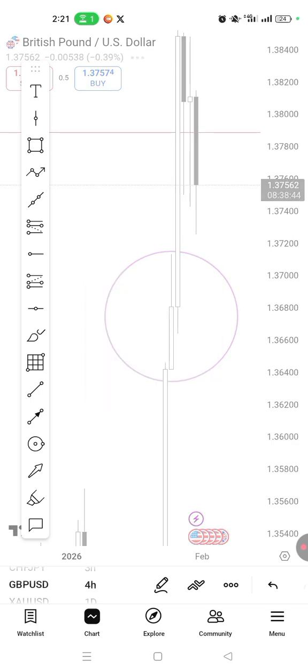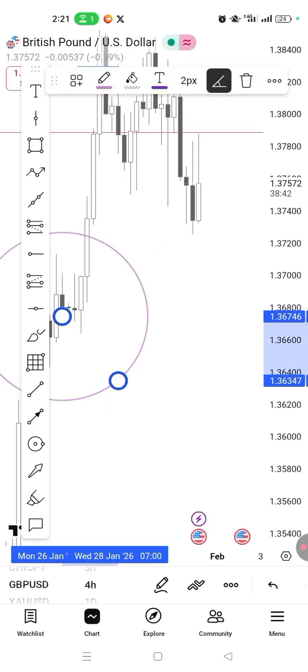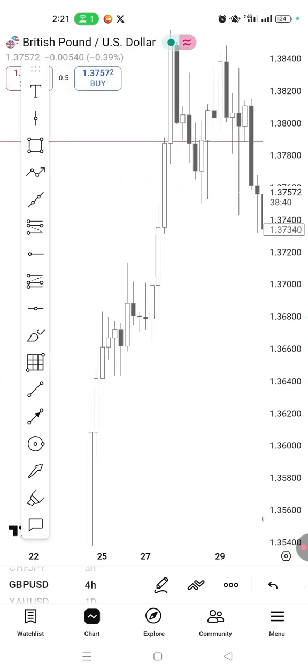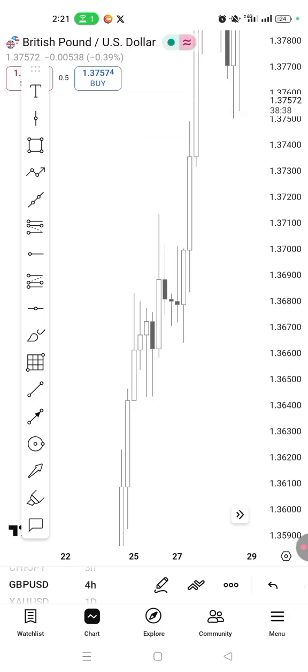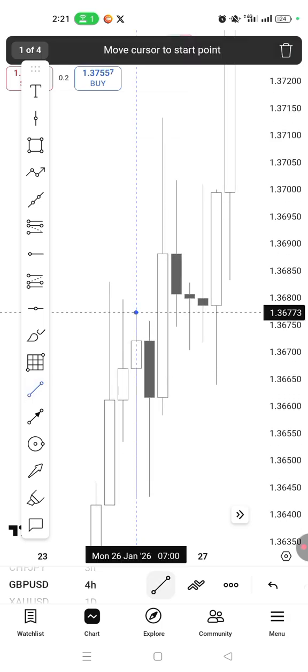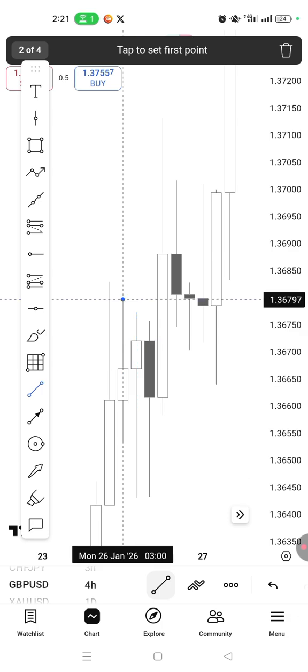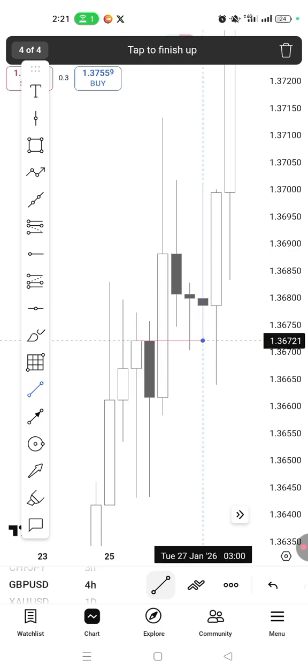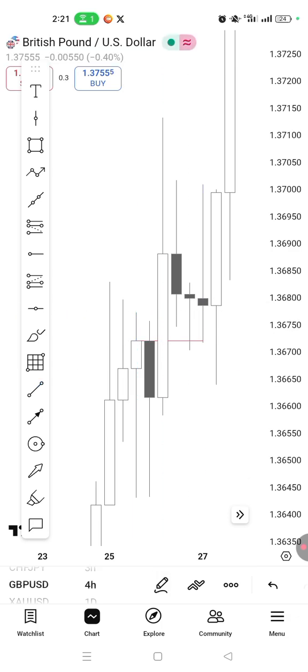Now on H4, what do we have? On H4, we have a recent breakout to the upside. Now this recent breakout is as a result of what? It's as a result of a bullish momentum, right? This is not as a result of a sweep of the previous day.